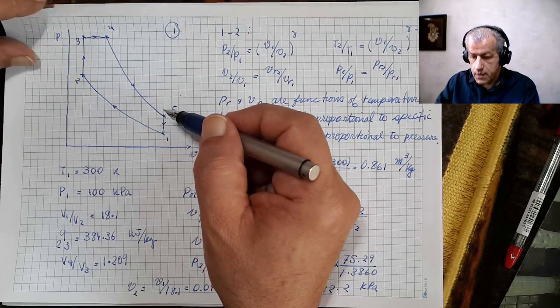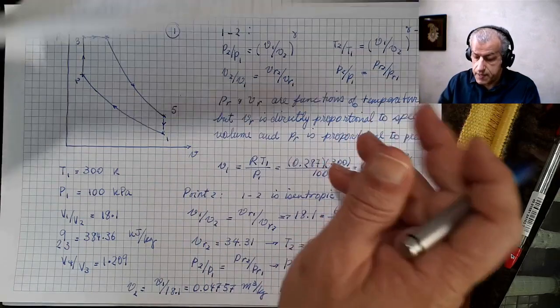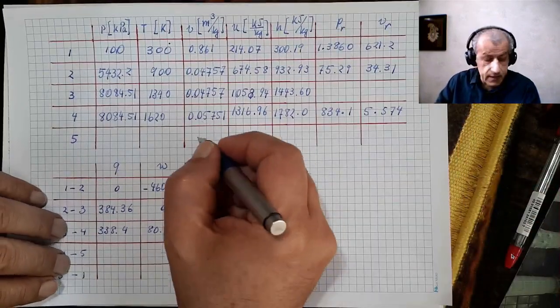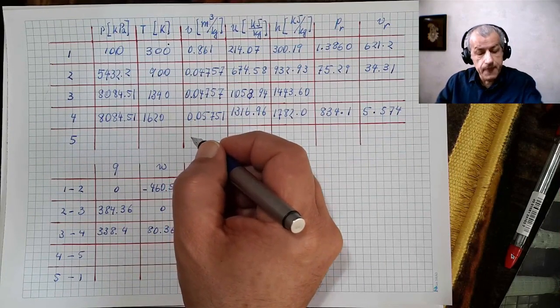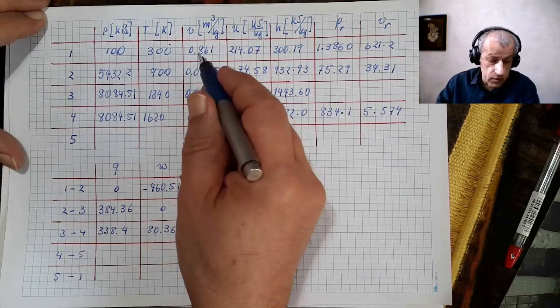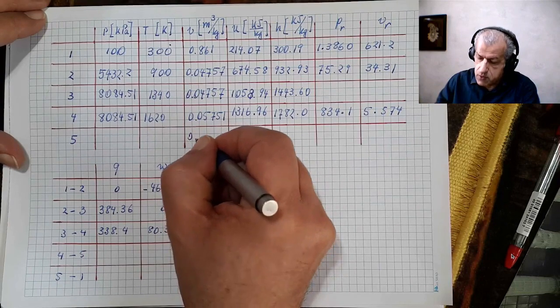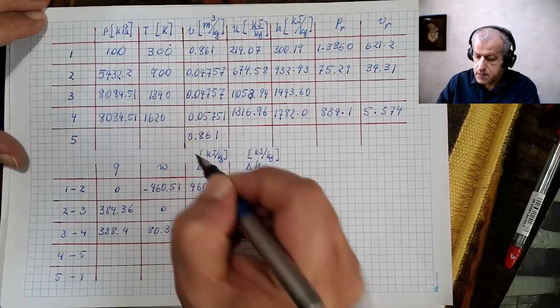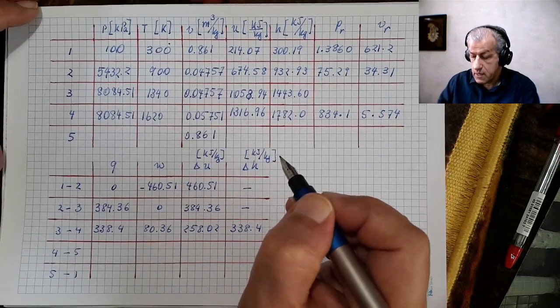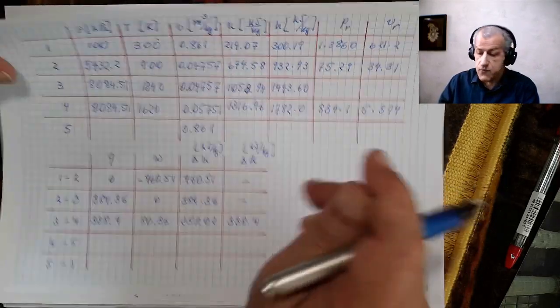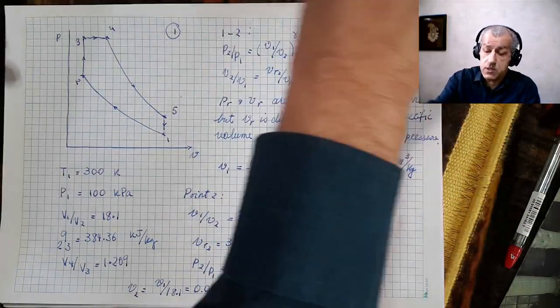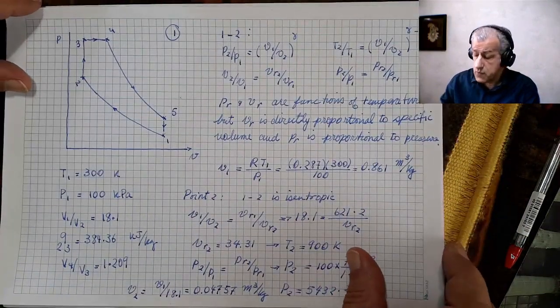So we can just write down the specific volume for point 5, which equals that of point 1, which is 0.861.